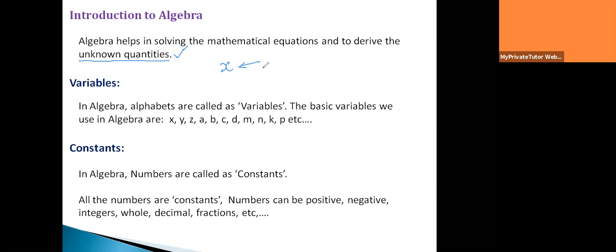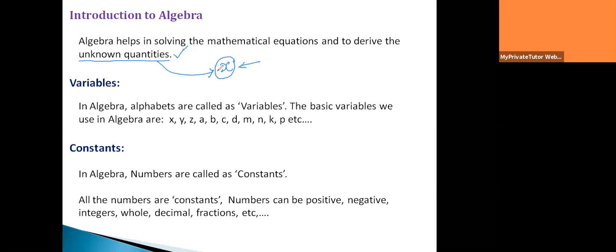X can be the age of a person, or the length of a tower, or whatever. Instead of that, we are going to use variables. All variables are unknown, and we are going to find those unknown quantities.